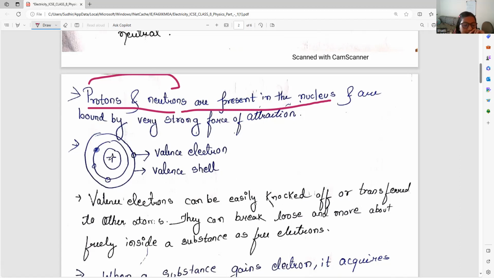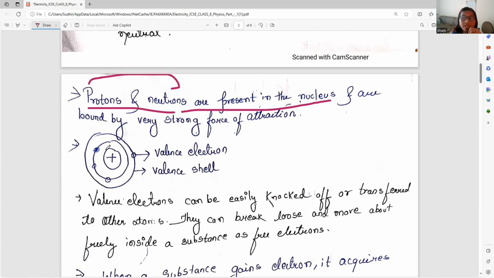This is the nucleus. It attracts the electrons present in the shell. The nucleus has positive and neutral charges, protons and neutrons, so it will attract the electrons towards it.